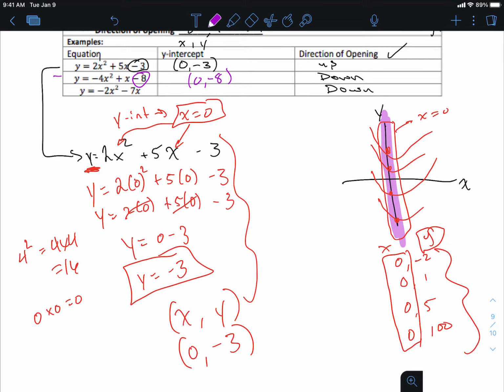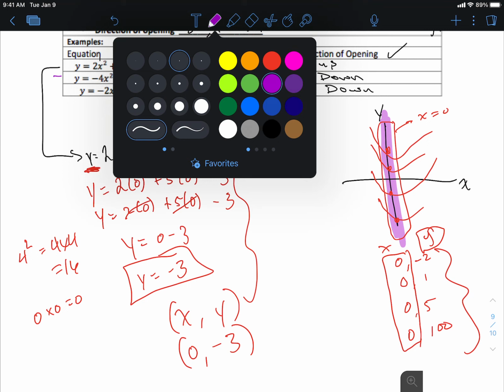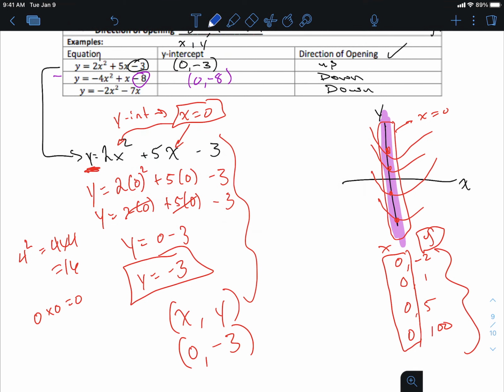Now, the third one is a little bit harder, because you have a problem here. I see an A value, I see a B value, but there's no C value. So what's going on? Well, remember, you can always rewrite something. Why can't you add 0? That seems totally acceptable to me.